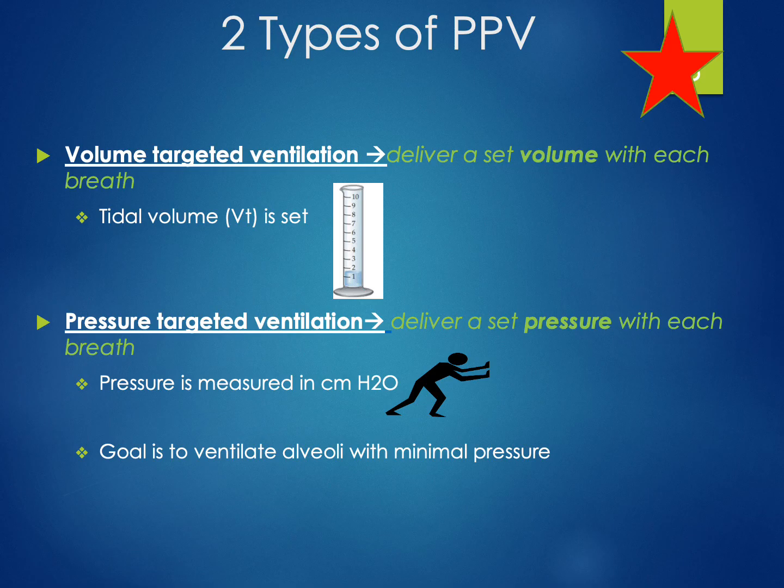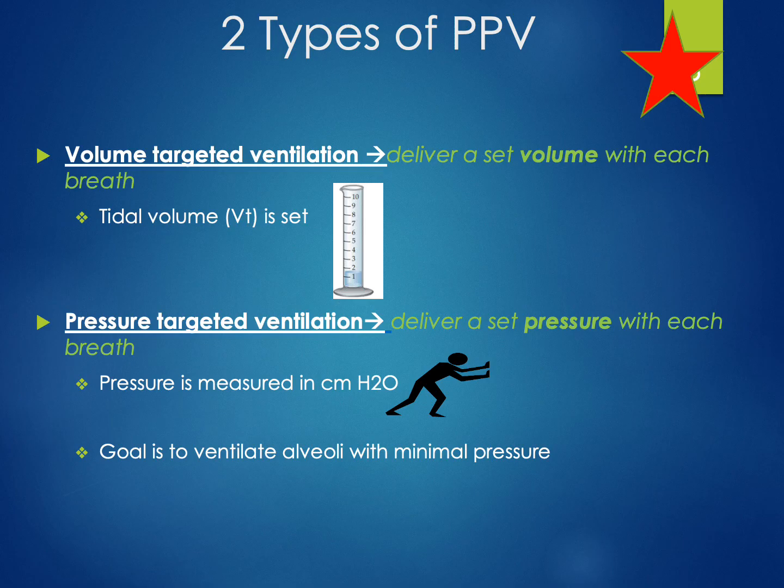So let's say we have a volume targeted ventilator with a programmed tidal volume of 500 milliliters. And it just so happens that the ventilator is going to give your patient 15 breaths a minute. So this would mean that this ventilator 15 times a minute will push exactly 500 milliliters into your patient's lungs. Now that's volume targeted ventilation, or a volume mode.